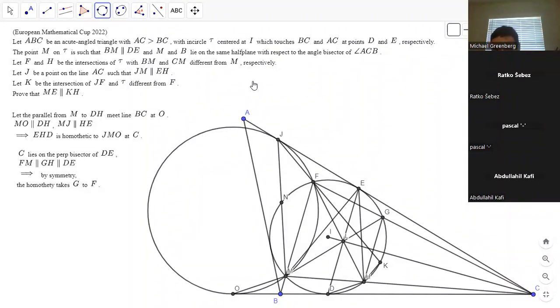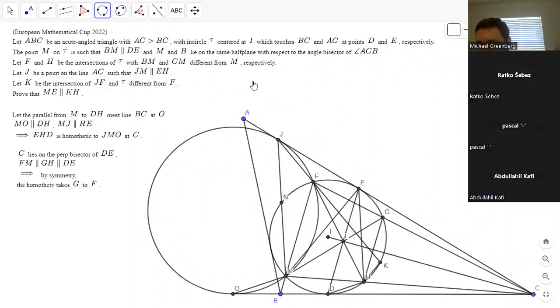Just writing it out. So are we showing MEH equals EMK, or are we showing K? There's two different ways we could do this. We are showing MEK is HME.